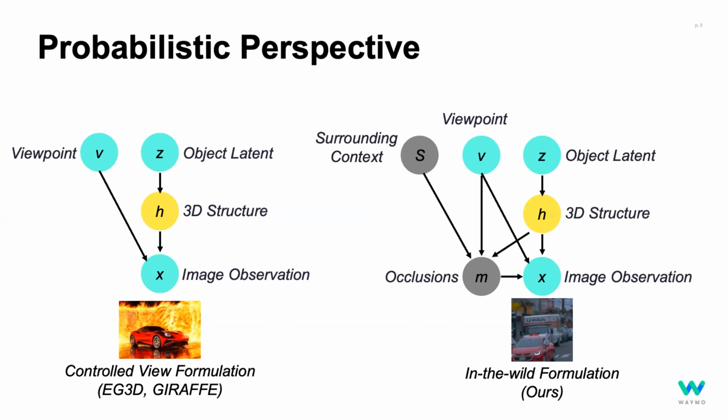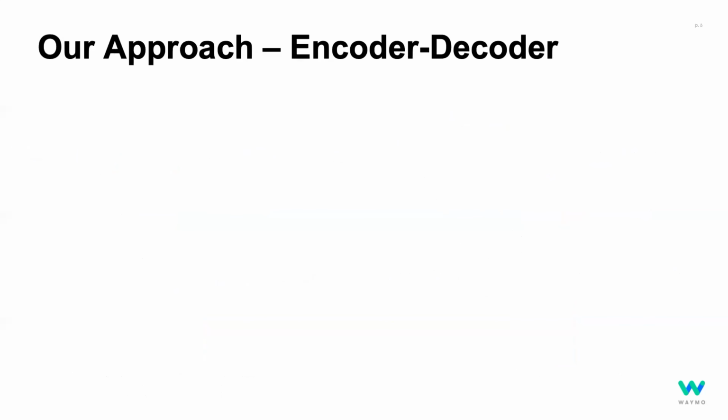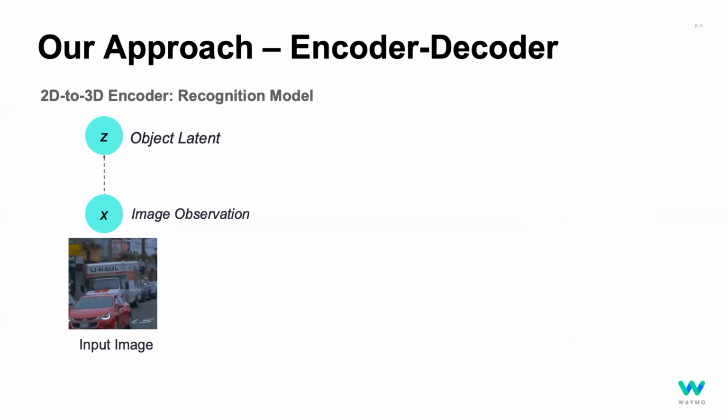Instead of generating this kind of occlusion and surrounding context using a decoder-only network, we take an encoder-decoder approach, which is also trendy. Basically we get inspiration from the giant generative model. I think the key here is, given the image, we use some encoder network or recognition model to infer the object latent in the first place.